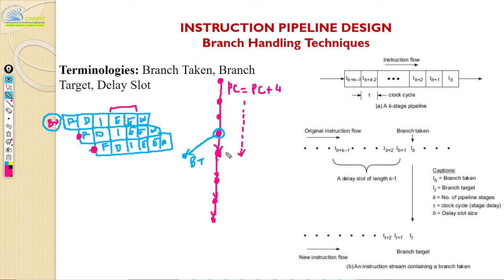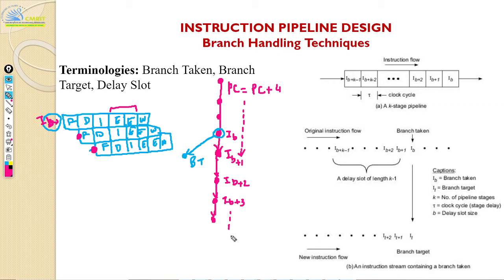So let us say here you have IB. This is called IB, instruction branch. So this will be your IB, and the subsequent instructions will be IB plus 1, IB plus 2, IB plus 3, and so on.